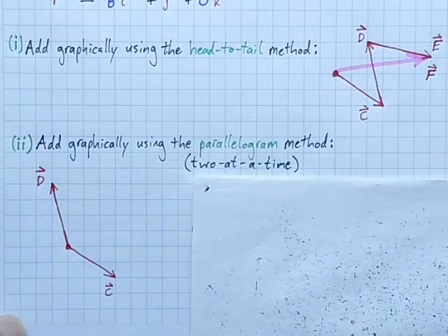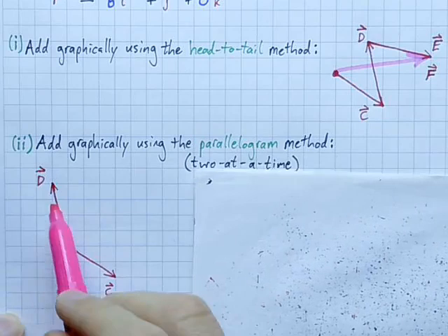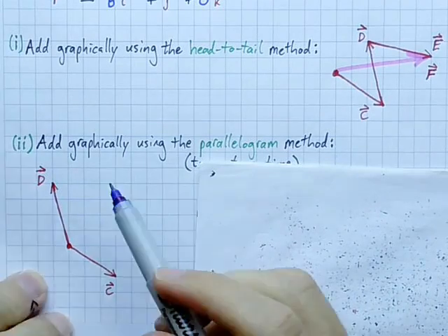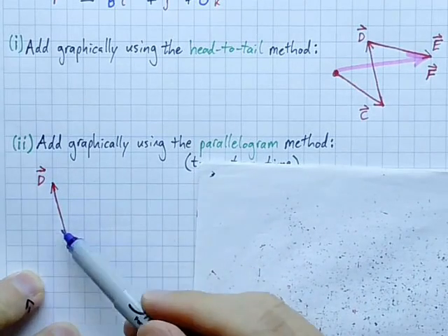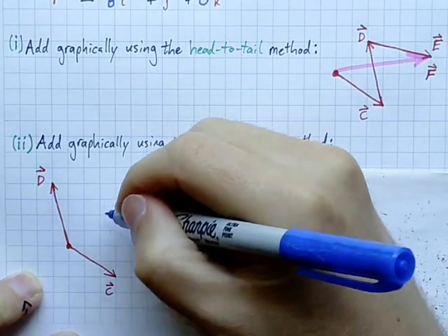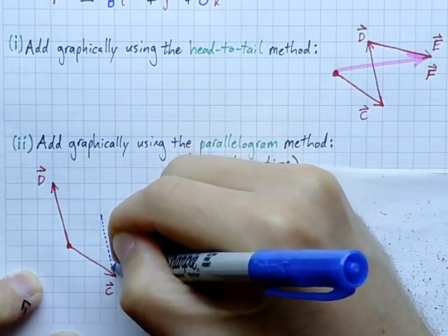Here, you put the vectors tail to tail. Put their tails together and have the heads pointing away from that point. Then, let these two vectors be two sides of a parallelogram. So we want to draw in the other missing two sides of a parallelogram.